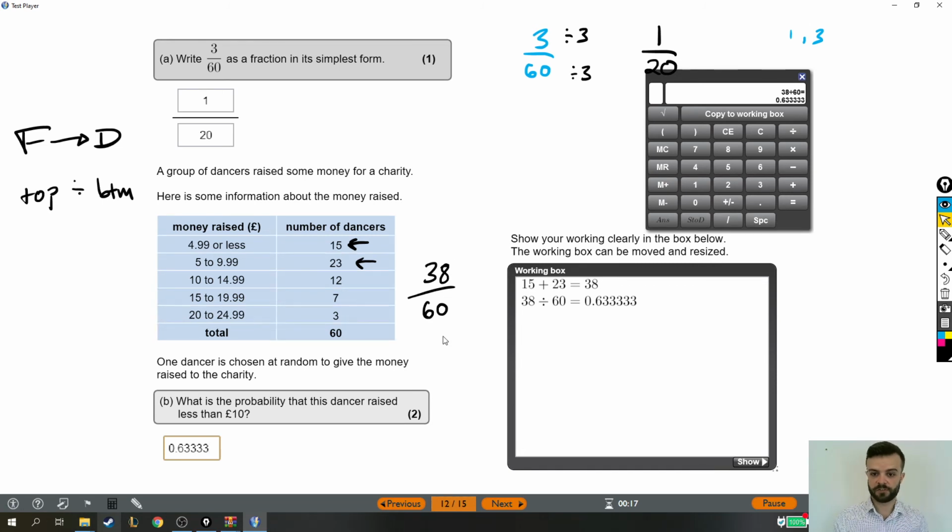There are 38 dancers out of 60 altogether that raised less than £10, but because we can't put that in the answer box, we have to convert it. I've converted it by doing the top divided by the bottom, which gives you 0.6333. I'm going to put some more 3s in because we've got them. And that's it. So the probability is 0.633, and that's this question done.